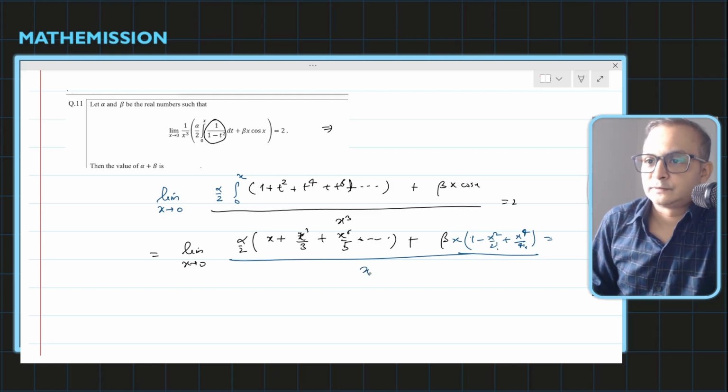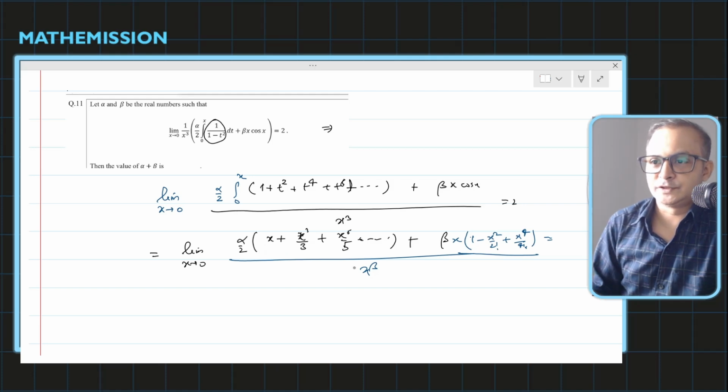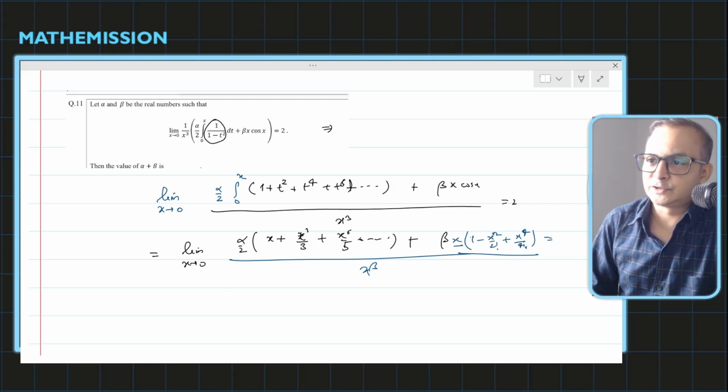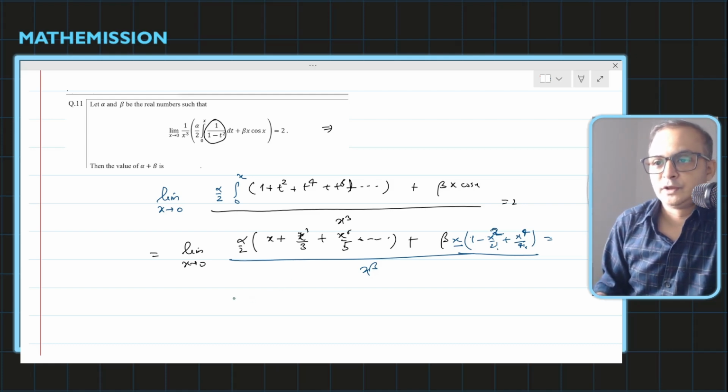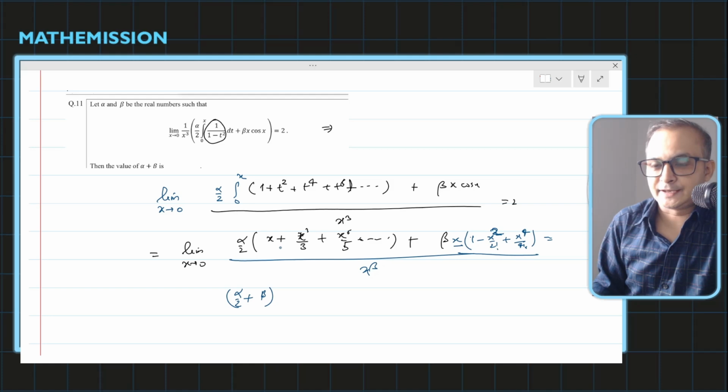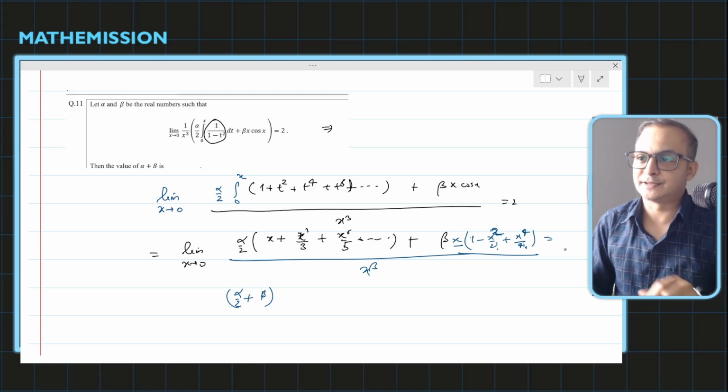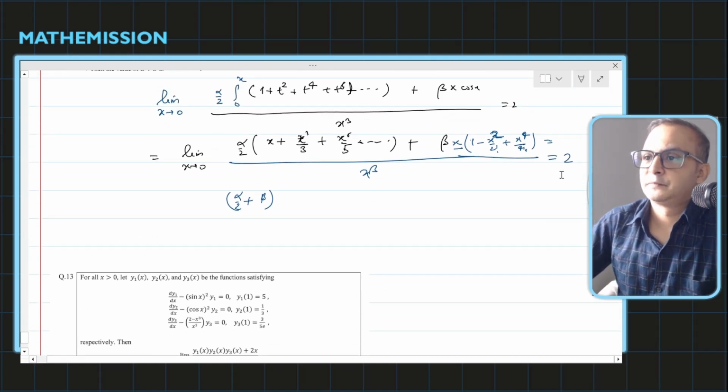So from there now you can collect the coefficients of x and x cubed, because here x is there, so x square into x will become x cubed. So for that, alpha by 2 plus beta is the coefficient of x, but I need the x cubed term to be cancelled so that I can get the finite limit there.